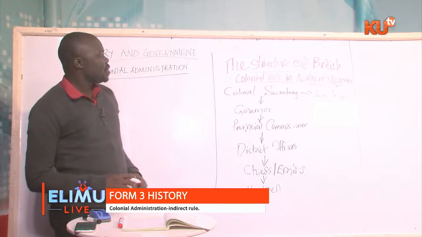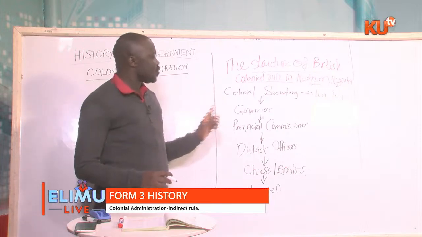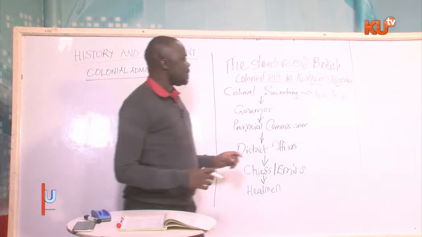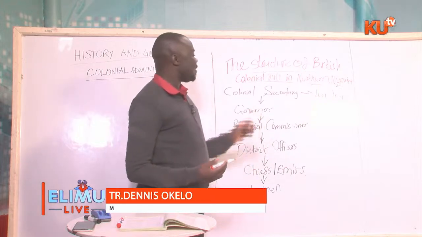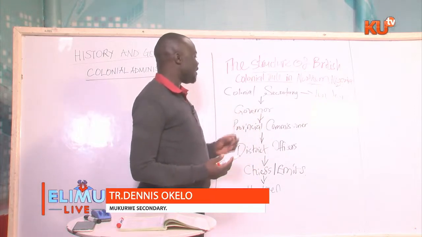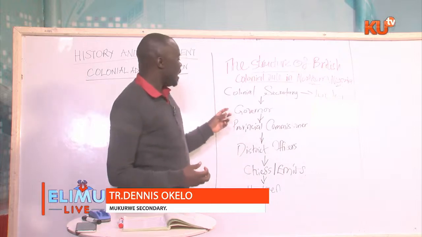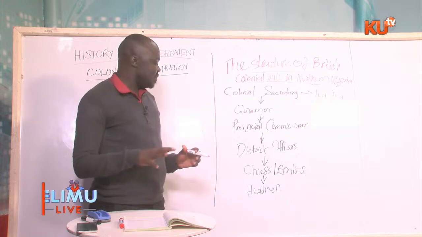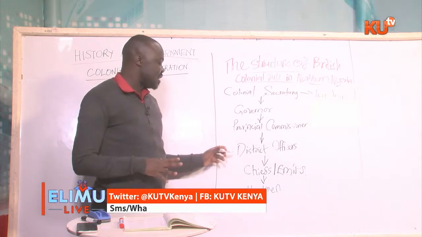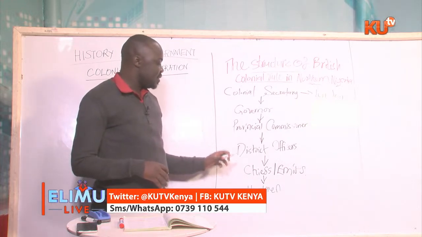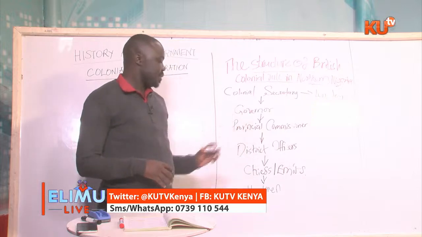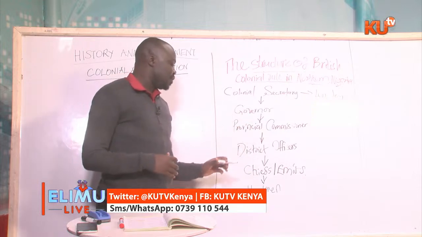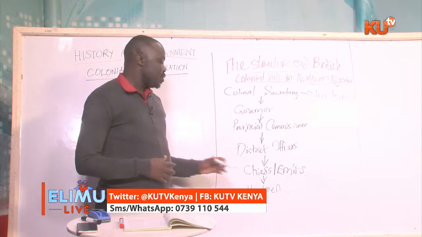Number one, the structure of British colonial rule in northern Nigeria and Kenya was similar, because it was headed by the colonial secretary who was based in London. Under him was the governor in charge of the state, then the provincial commissioner in charge of the provinces, the district officers in charge of the districts, the chiefs or local men, emirs, who also had the headmen under them.